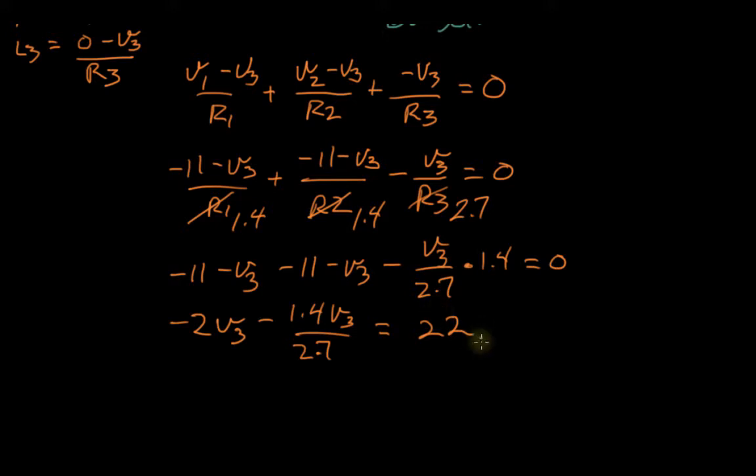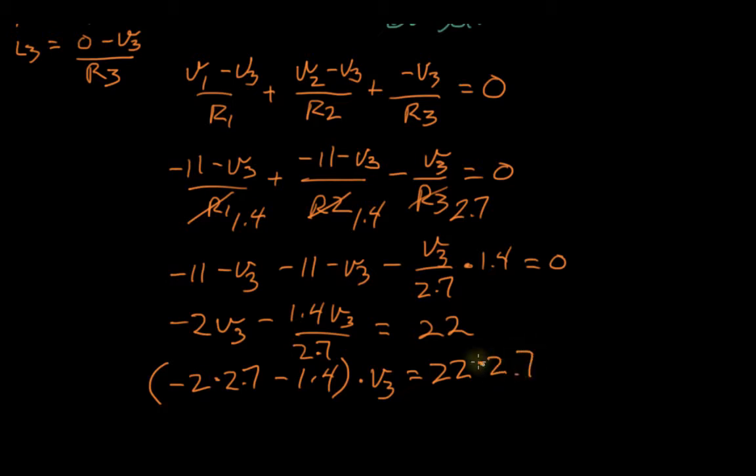22. Let's clear out this fraction by multiplying everything by 2.7. So we get minus 2 times 2.7 times V3 minus 1.4 times V3 equals 22 times 2.7. This term here in the parentheses evaluates to minus 6.8.